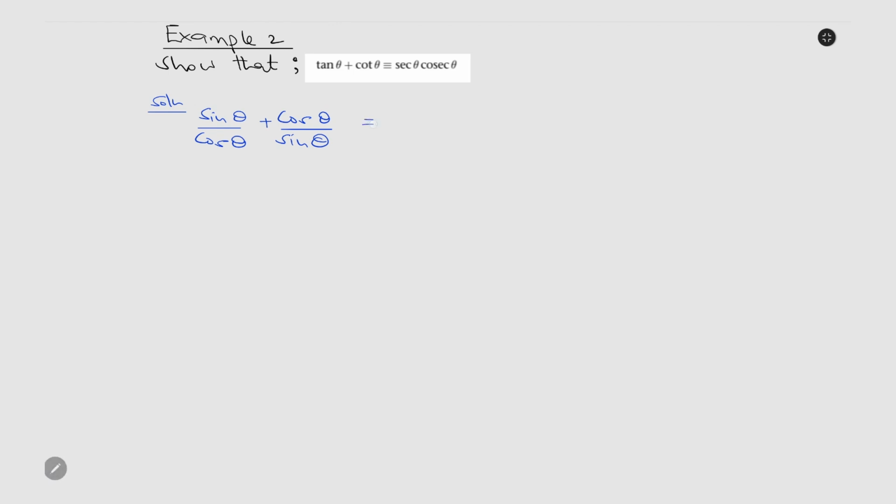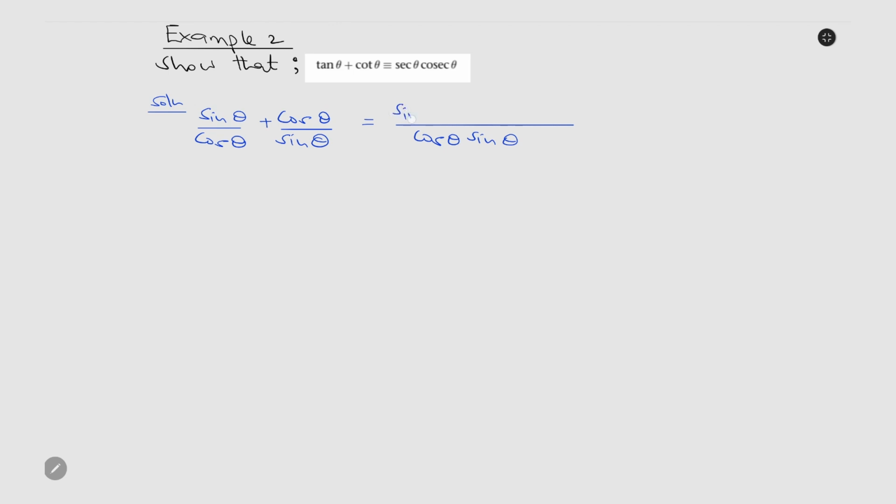To find the LCM, we are going to have cos theta sin theta. That's our LCM. Cos theta goes here, sin theta times sin theta, we have sine squared theta.